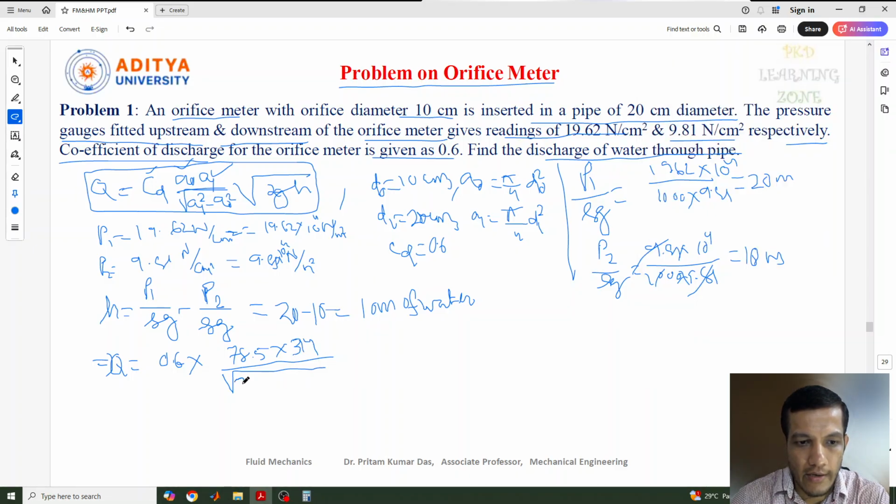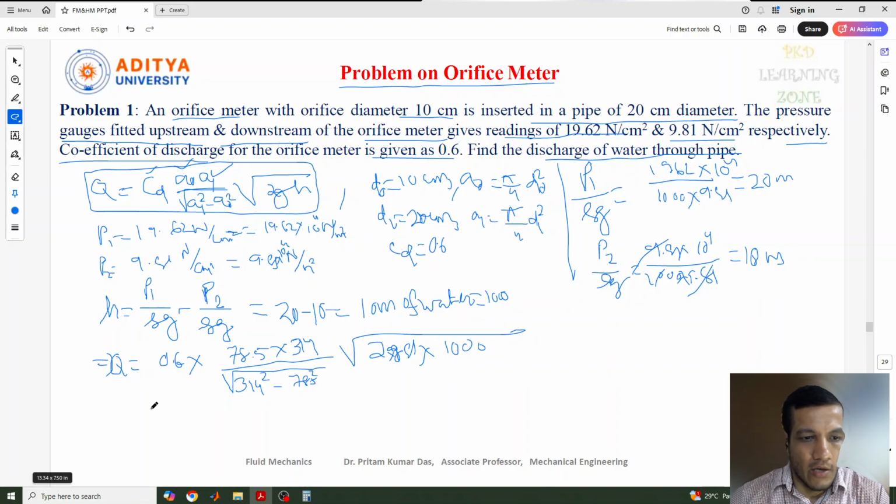So here I'll get root over of 314 square minus 78.5 square, and root over of 2 into 9.81 into h, taking everything in centimeter, so h is 1000. Okay, now if you solve this value, we will get the value of discharge.